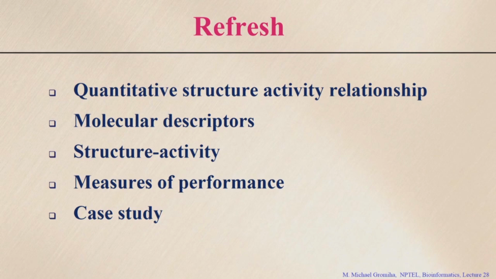The quantitative structure activity relationship, say QSAR, right. So, what are the various aspects we need to consider? Mainly, the biological activity can be described as a function of molecular descriptors like structural parameters.